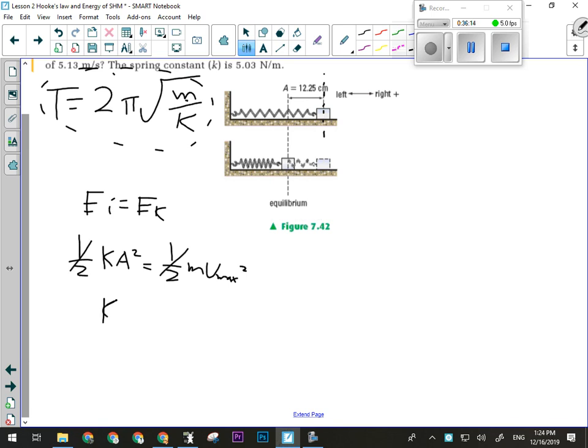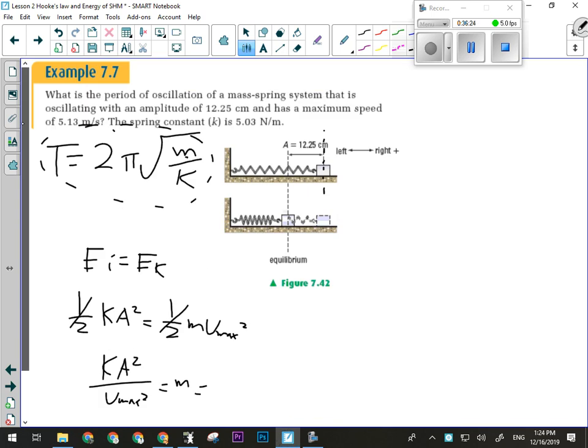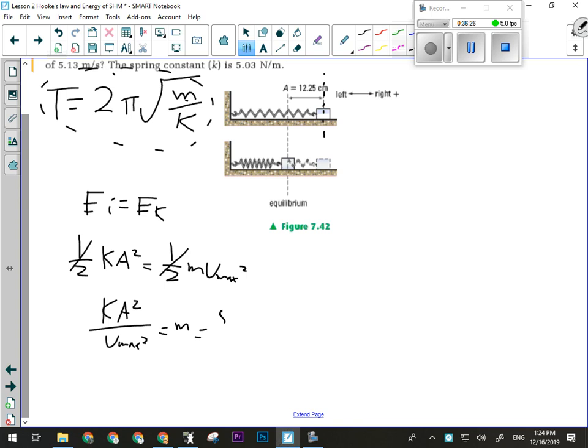The halves are going to cancel, okay? And just like the last question we did, I'm going to have kA squared over the maximum speed squared to give me my mass. So that'll be 5.03, that's the spring constant, times 0.1225 meters squared, divided by 5.13 squared.